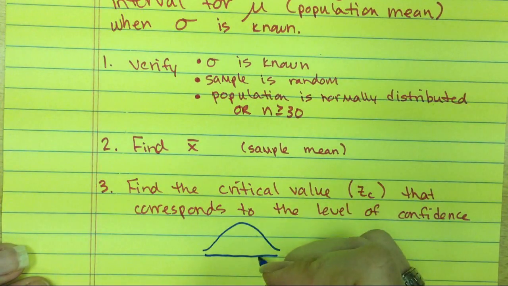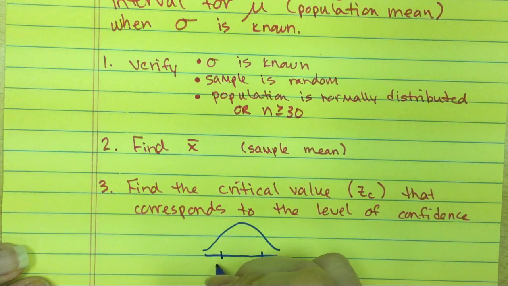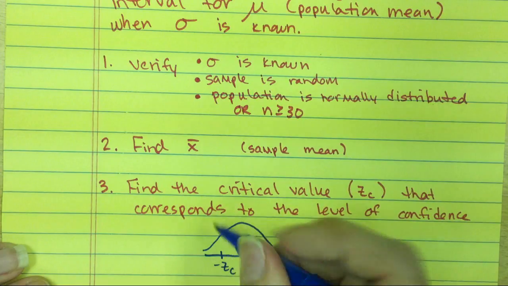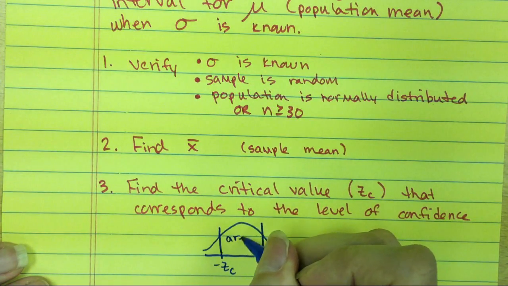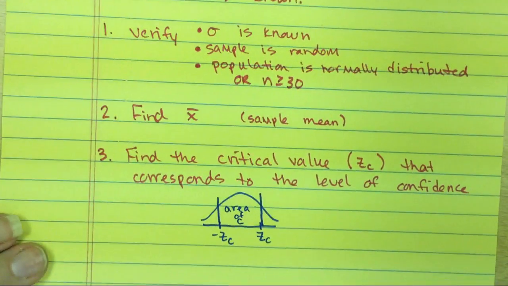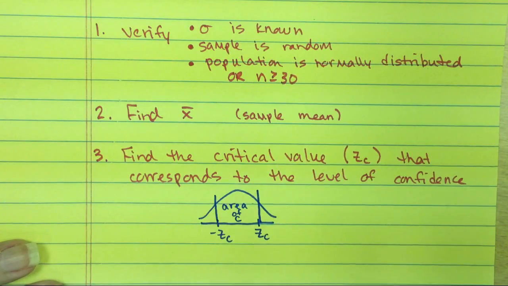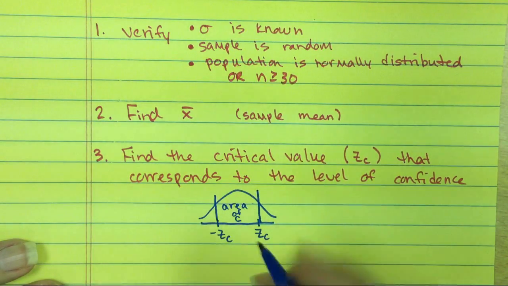And we're going to have some confidence interval that goes between z sub c and negative z sub c. And what's in between these two is an area of c, where c is our confidence amount. So if it's 90%, then this area would be 0.9000.